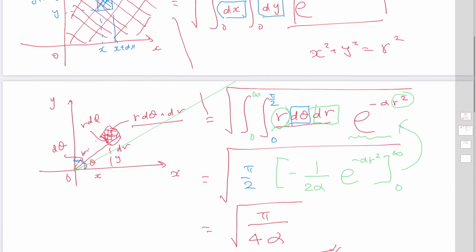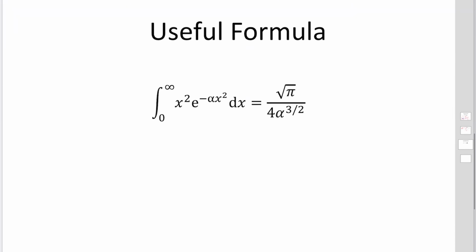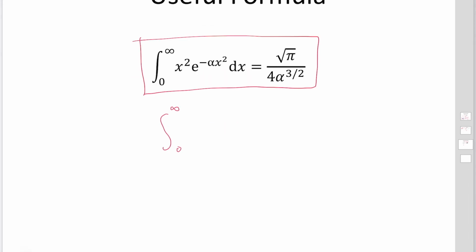Another important formula I'd like to prove is this one, which we often encounter. We have proved that the integral from 0 to infinity of exponential minus alpha x squared dx is the square root of pi over 4 alpha. Now we'd like to take the partial derivative with respect to alpha on both sides.